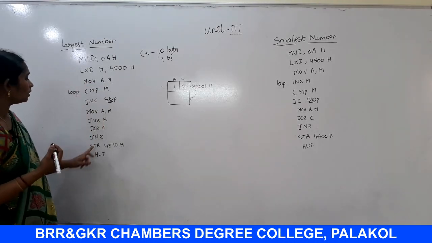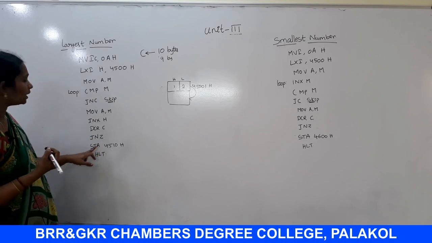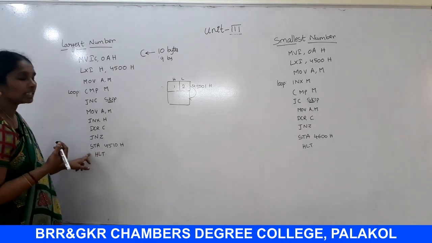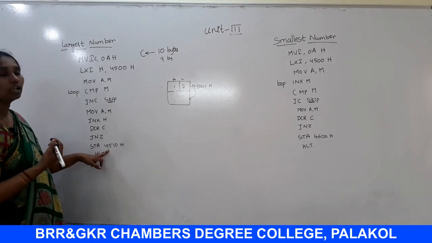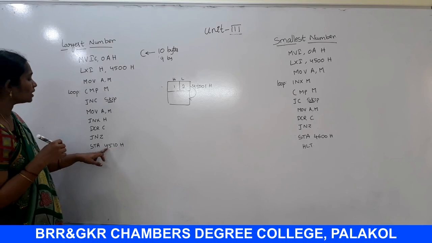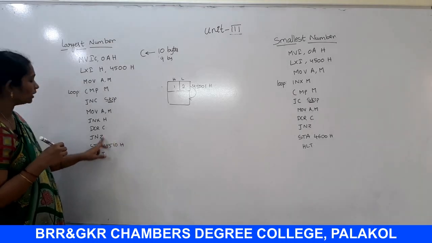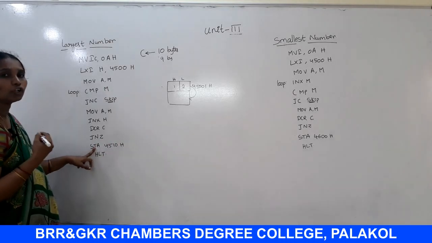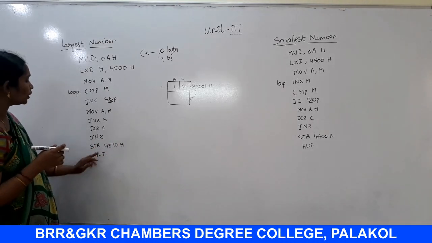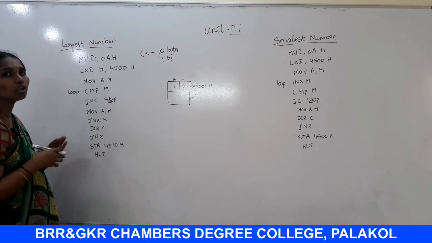Then the final result is stored using STA, which is store accumulator, at the memory address 4510. So in 4510, the accumulator value is stored. HLT is the halt operation.